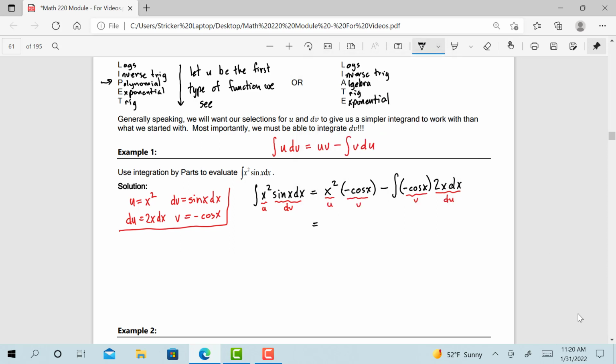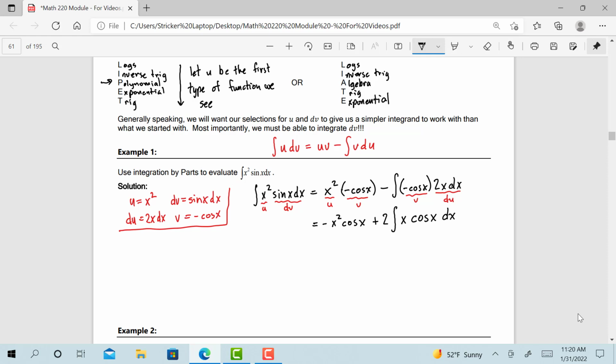So this is going to be negative x squared times the cosine of x. And then notice we have minus this integral, which also has a minus in it. So let's just make the integral positive. I'm going to move the constant of 2 out in front, and we're left with the integral. I'm going to write the x in front of the cosine x dx.